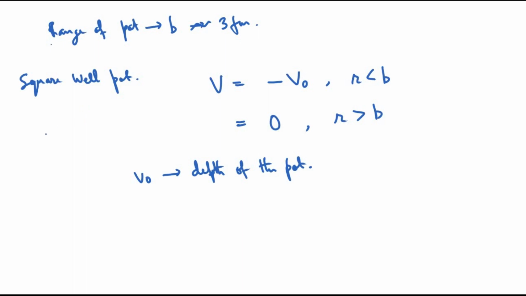Now we have already discussed the fact that our L can be either 0 or 2. However, now let us consider the fact that L is 0 only, although we will see that we need some admixture of L equal to 2 later on, but for the time being, for the sake of simplicity, let us consider L equal to 0.